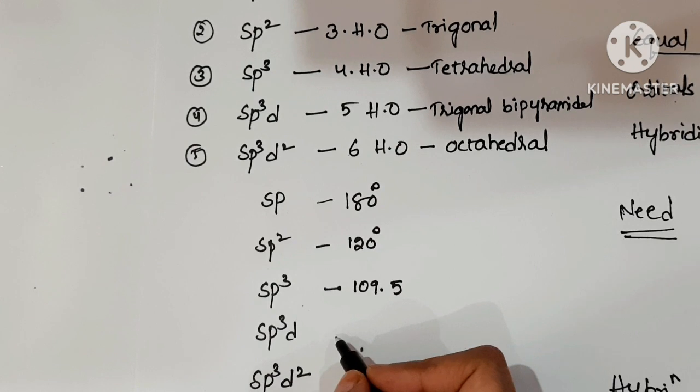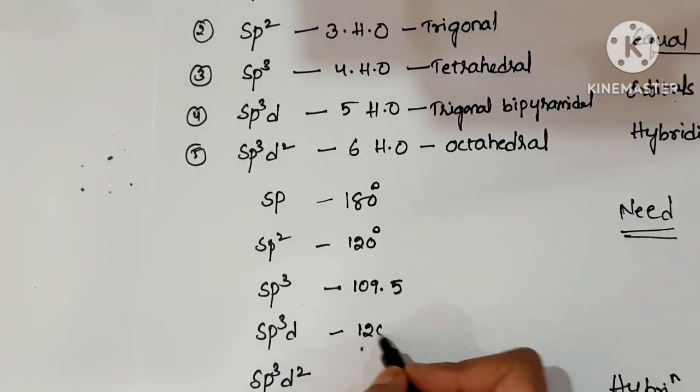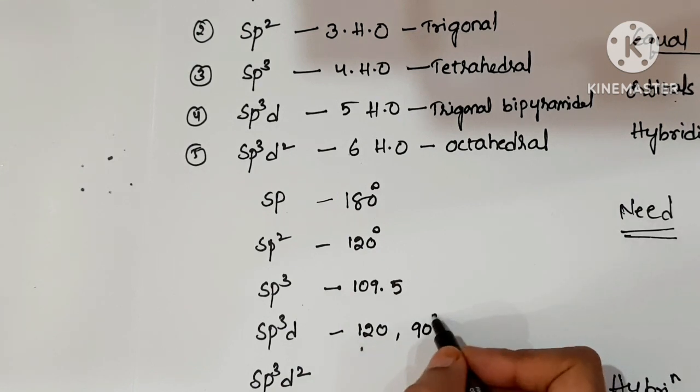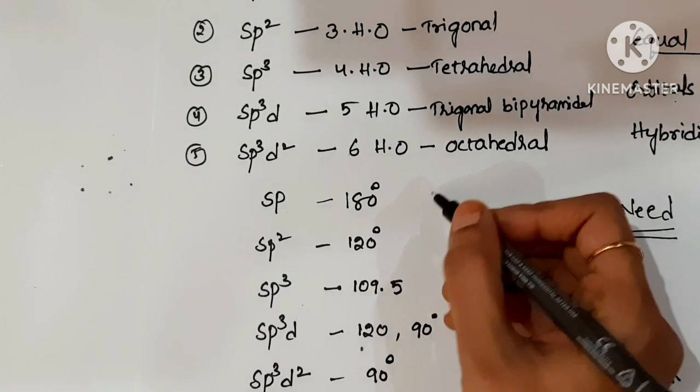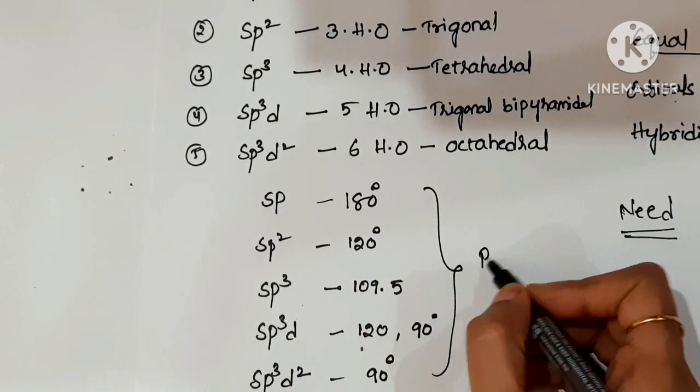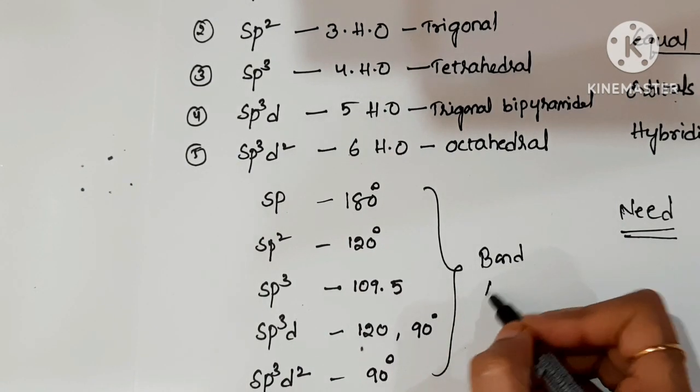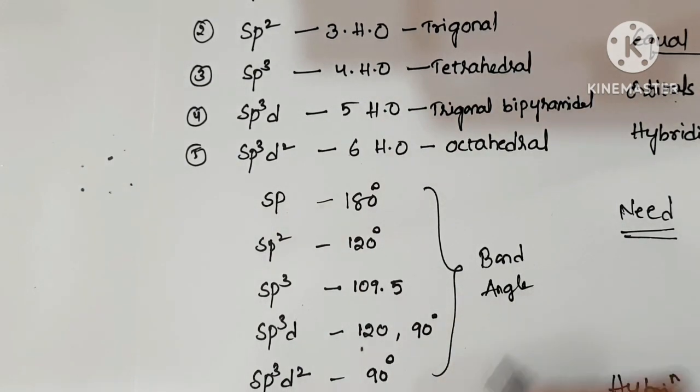In sp3d hybridization, 120 and 90 degrees. In sp3d2 hybridization, 90 degrees, right? These are the bond angles of orbitals present in the molecule.